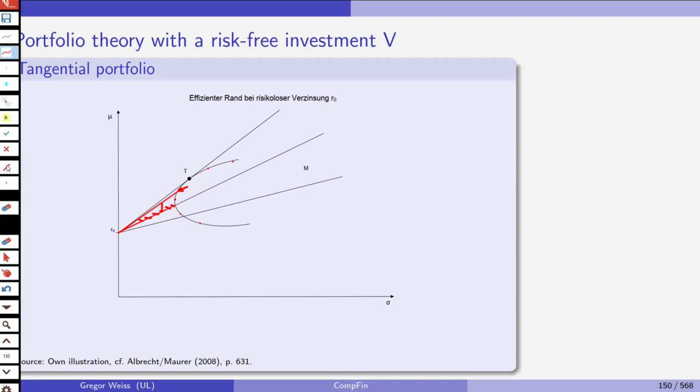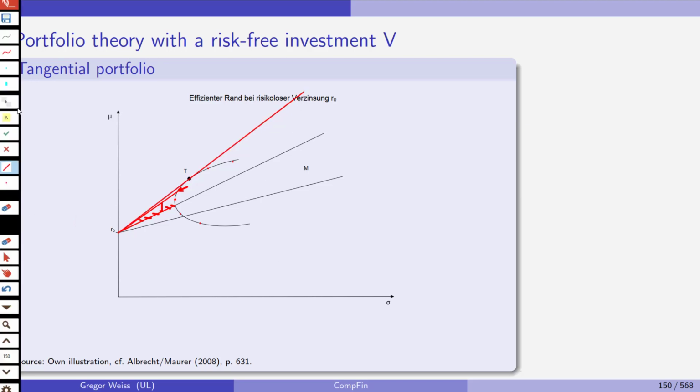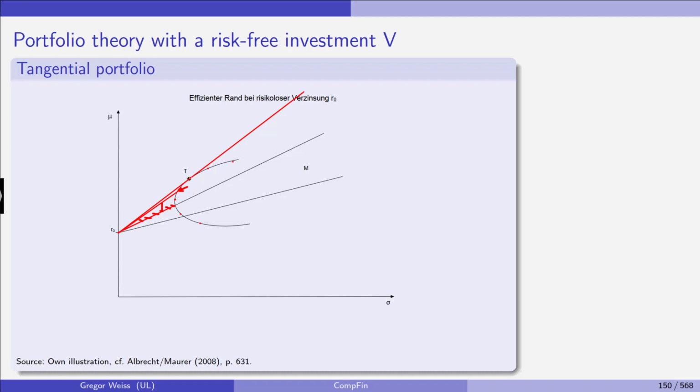So you start at R0 and you move the line up as long as possible. When it starts to go down again, it is no longer efficient. So what you're getting is the tangent line, and the tangent point T, der Tangentialpunkt. This is the optimal portfolio.